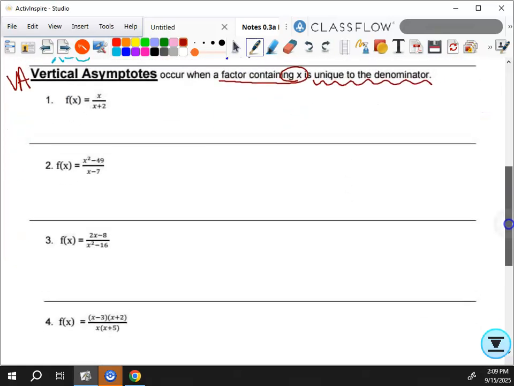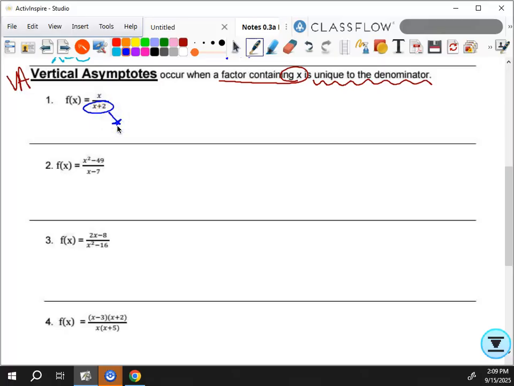Okay, so that means I have to check for holes first. Even though we're just looking at vertical asymptotes here, if we come across a hole, we're going to write that down too, because I don't want you to think you can just ignore it. All right. Can I factor anything in number 1? No. Can I cancel the x's out? No. So this is a factor that is unique to the denominator, and we cannot divide by 0, right?